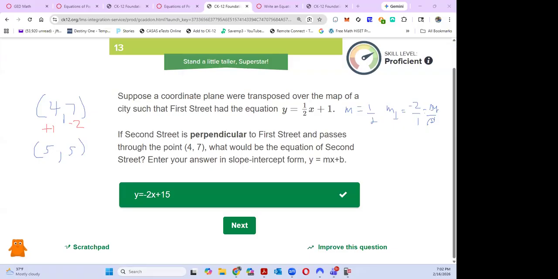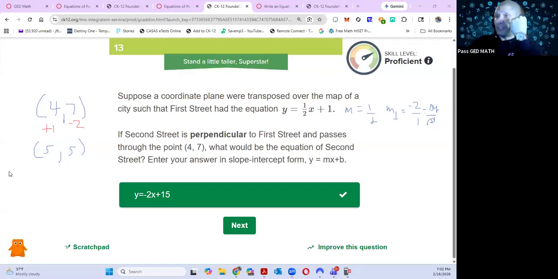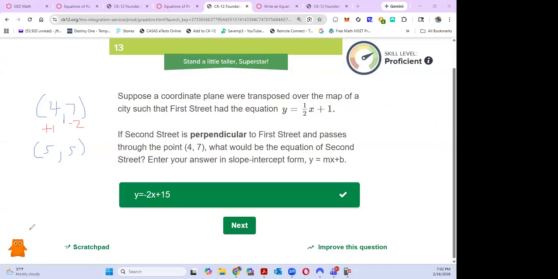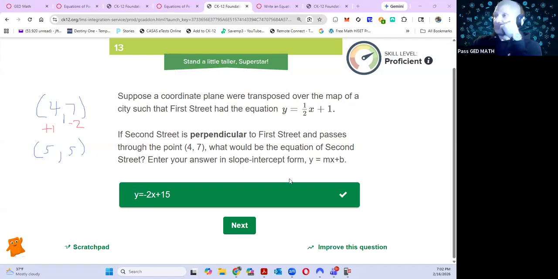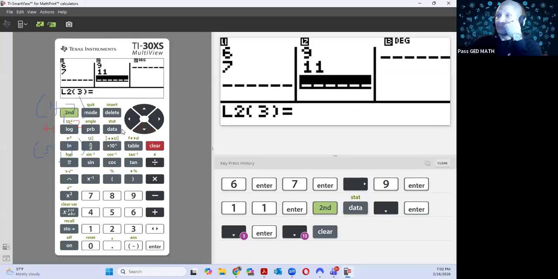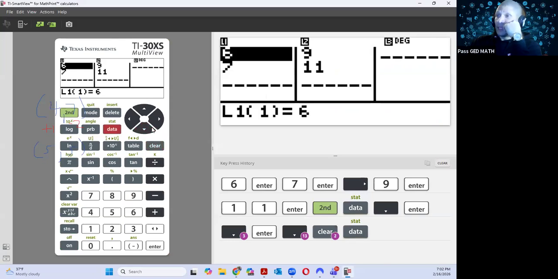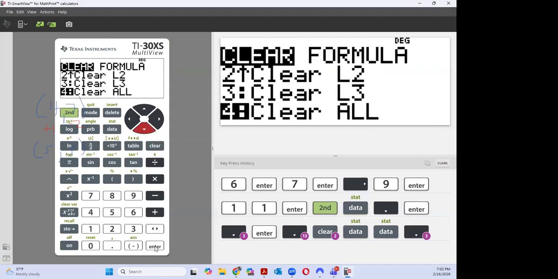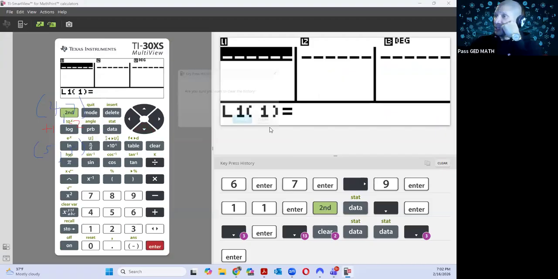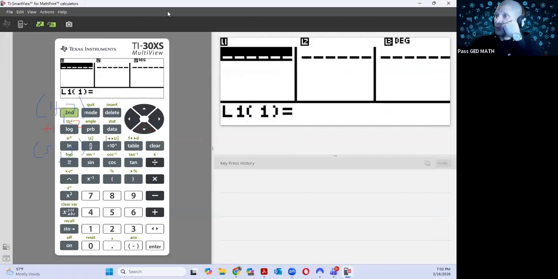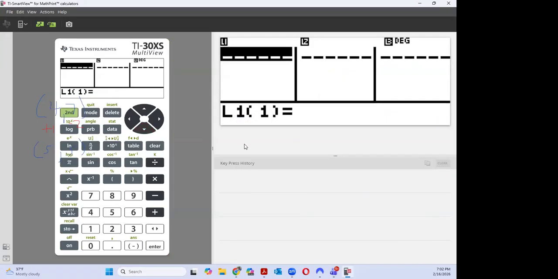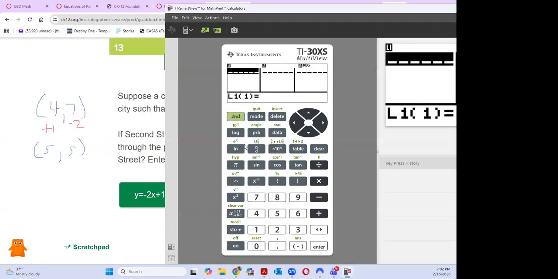Right? So now, let's go put it in our calculator. Let me clear the screen here. We'll put the calculator on our screen, and let's see if we can make this work. Again, I need to clear it. I need to hit data. I need to hit clear all. My 2 x's are what? 4 and 5. 4 enter, 5 enter.